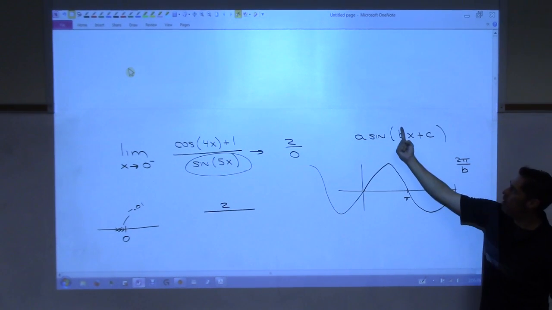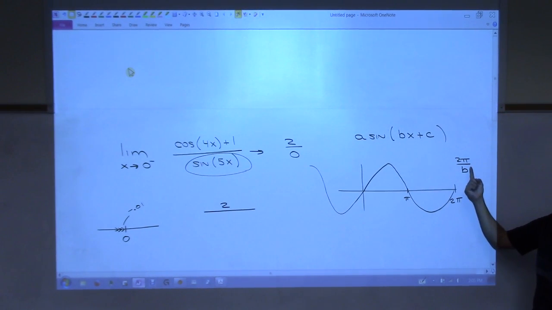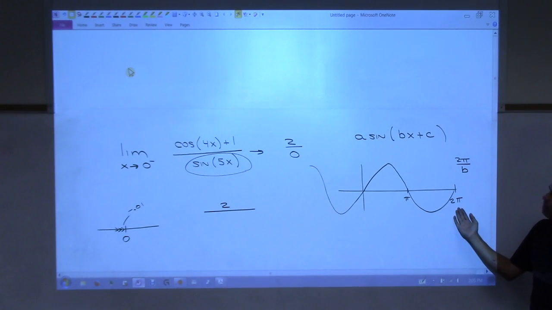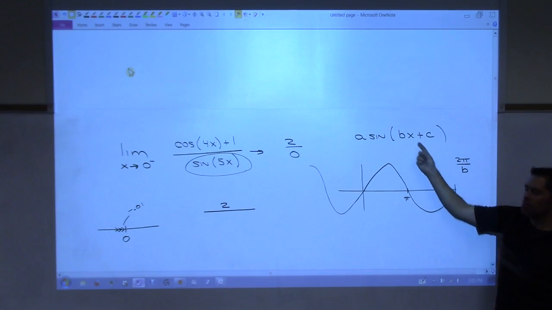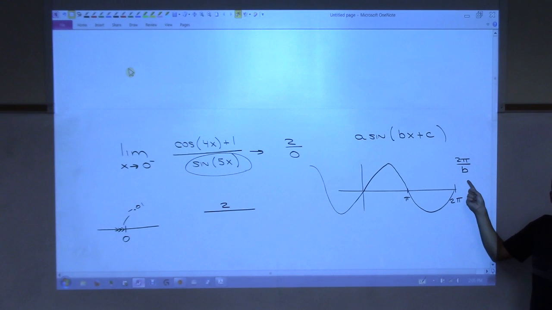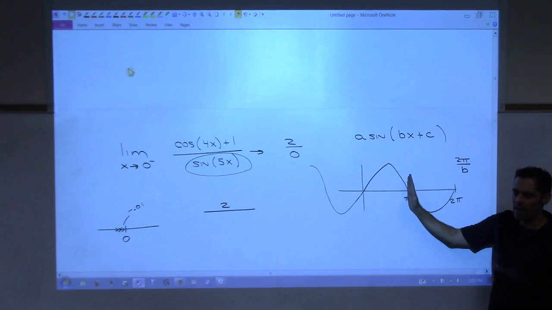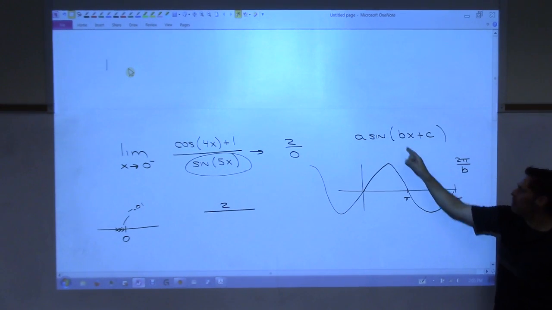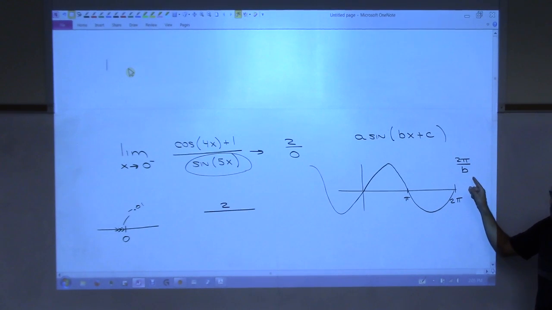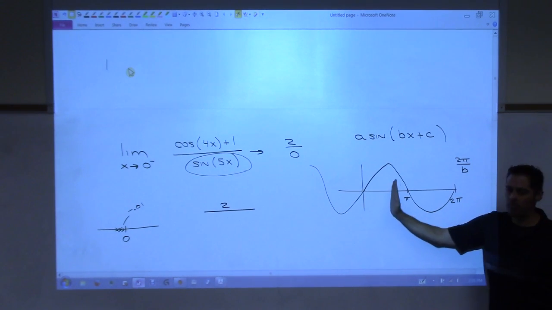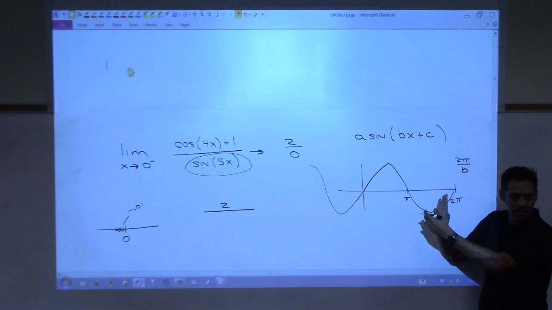So when this is a 1, 2 pi divided by 1 is 2 pi. But if b was 2, you would do 2 pi divided by 2, which would be pi, so that would cut it in half. If you do 5 here, this would be 2 pi over 5. That's how long the period is.